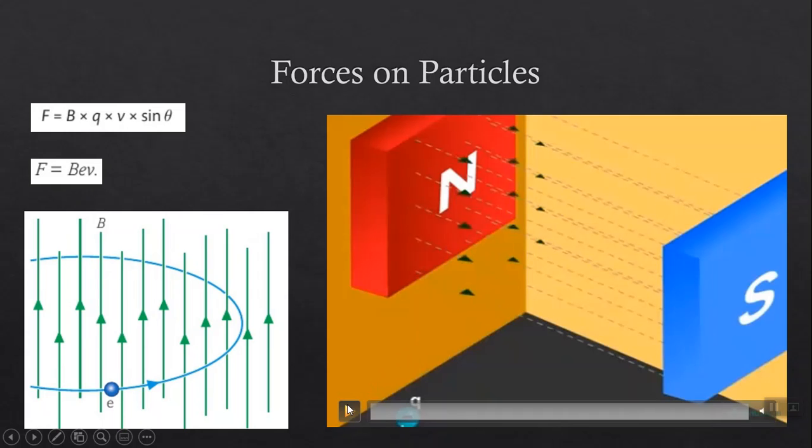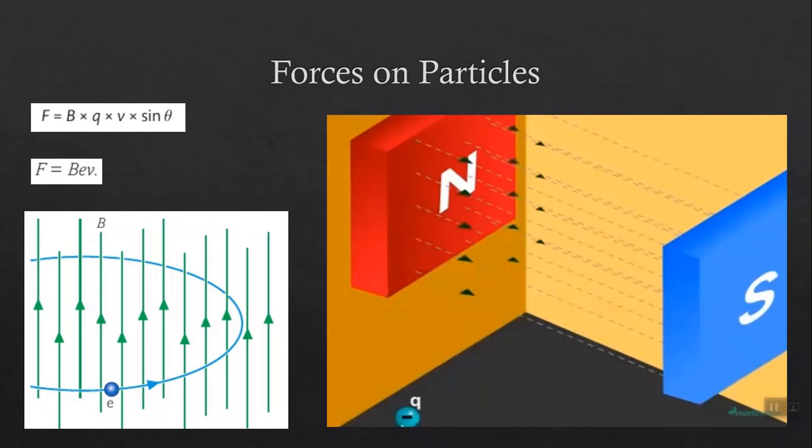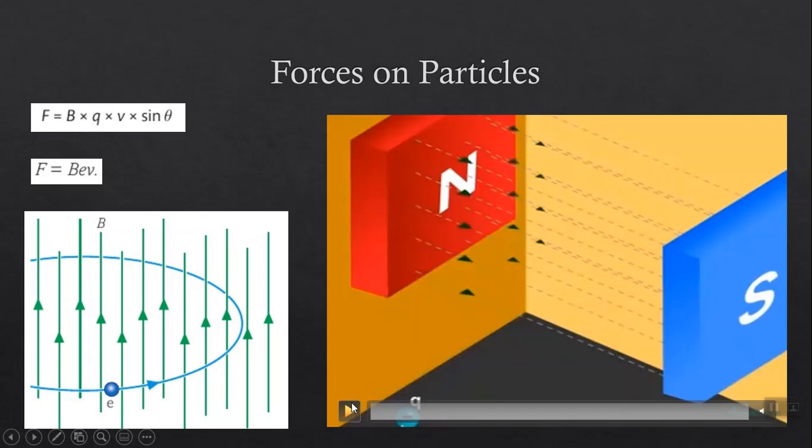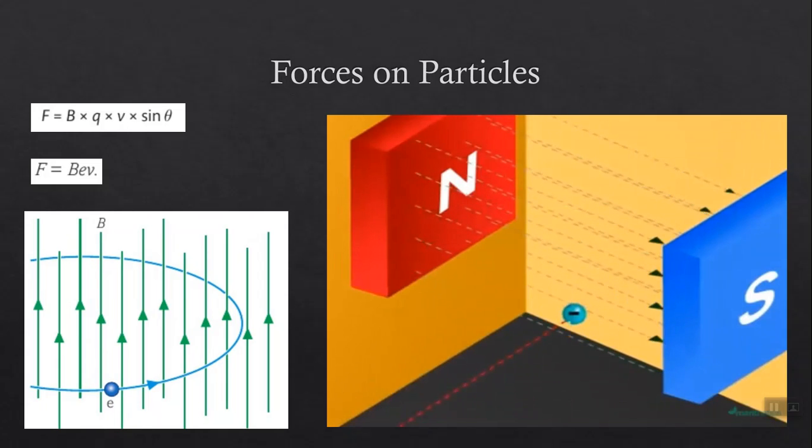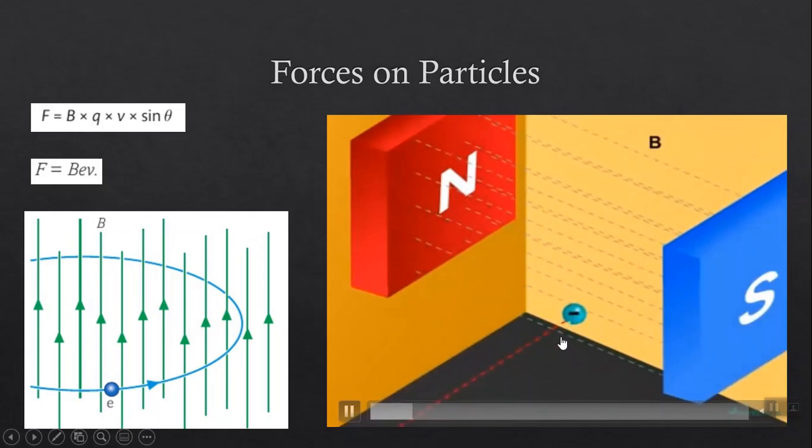Now we will see how this charged particle can move in a magnetic field. Before we observe this, we will try to understand the forces that are acting. You can see that the negative charged particle is moving towards this side. The magnetic field is from north to south.